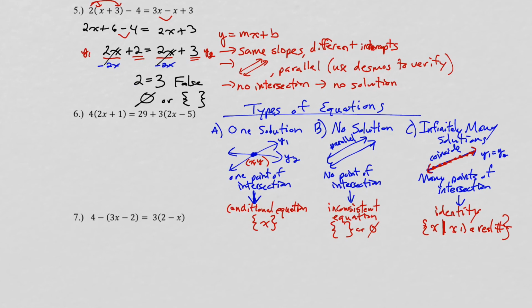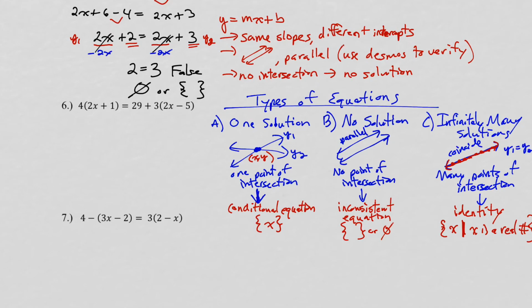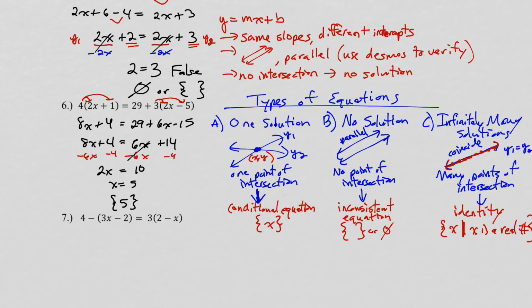Now, let's take number 6 and see what happens here. Go ahead and do number 6 on your own and see what you come up with. So pause the video and press play later. Okay, I stand corrected. This number 6 is one solution, which is x equals 5.